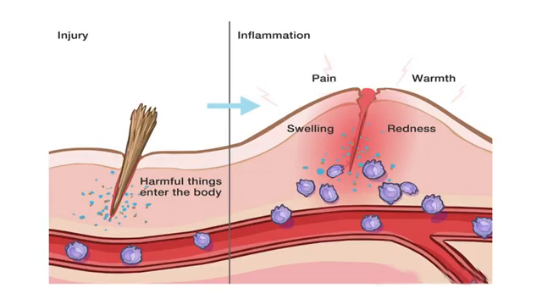Naturally, the inflammatory response shows the signs of redness, swelling, heat and pain in the region of injury. As the antigen enters the body, the damaged surrounding tissues start producing chemotactic factors.